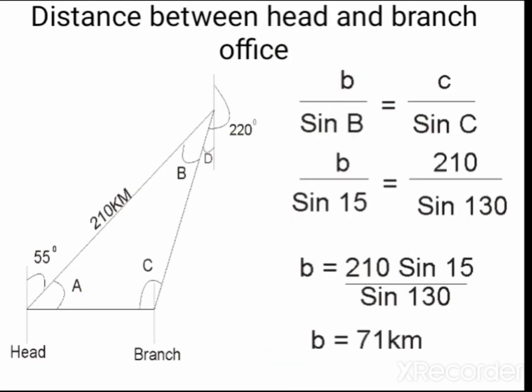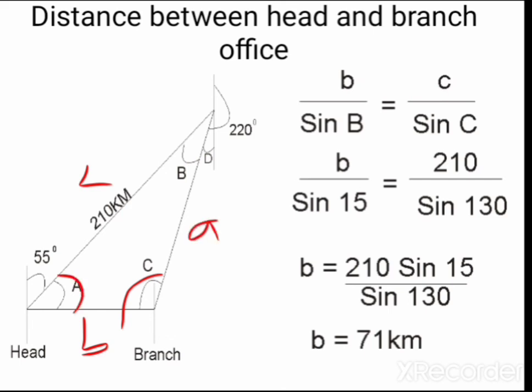Now let us get the side. We are looking for this side, the distance between the head office and the branch office. Let's go back to our sine rule. If this side is capital letter B, here is small letter b. If this side is capital C, here is small c. And if this side is capital A, here is small a.